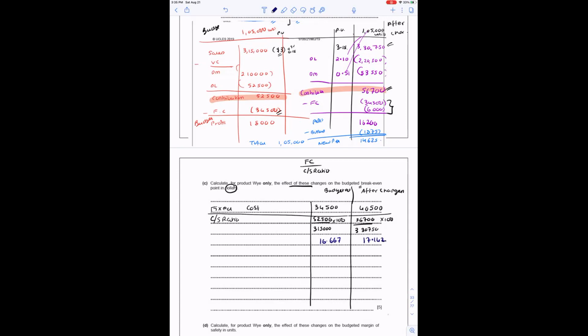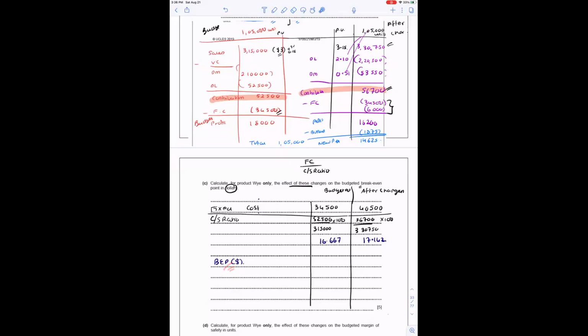So I will find the break-even point in dollars. It is fixed cost upon contribution to sales ratio. So here it will be 34,500 divided by 16.667. I'm finding my break-even point in dollars.